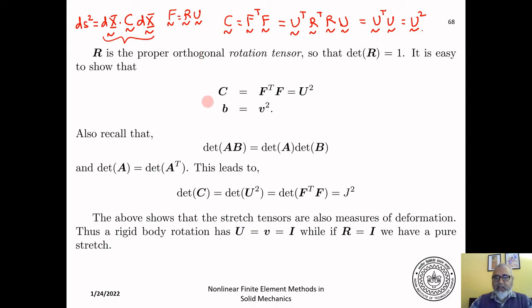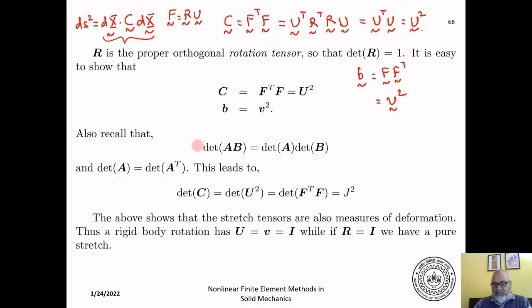Similarly, you can show that B, which is F F transpose, comes out to be the square of the left stretch tensor. Also, recall that the determinant of the product of two matrices is the product of the determinants, and the determinant of A and its transpose are the same.